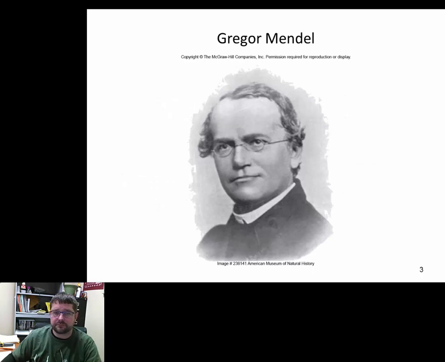So this is a picture of Gregor Mendel, and like I said, he was an Austrian monk who worked mainly on garden peas, and figured out the genetic relationship of garden peas, and mathematically figured out the probability of certain offspring. Now, a couple things about Gregor Mendel that I should put out there. I'm not Mendel's biggest fan, and you'll see why.